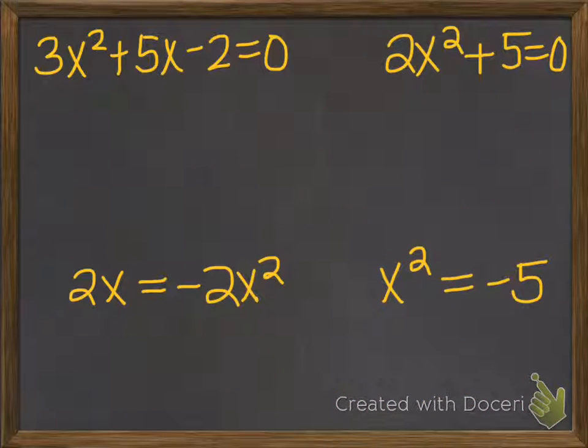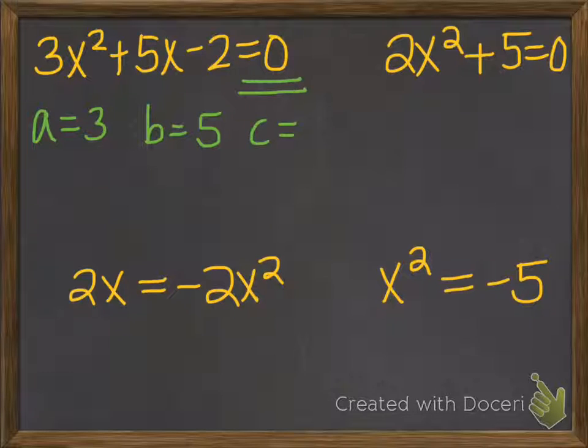So if you look at these four examples, which ones can you use square roots for? In this first one, we've already got 0 on one side, which is our first step for solving quadratic equations. And if you notice, a is 3, b is 5, and c is negative 2. Remember, to solve using square roots, b has to equal 0.